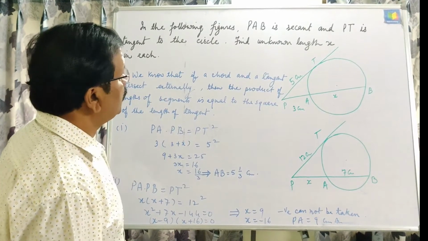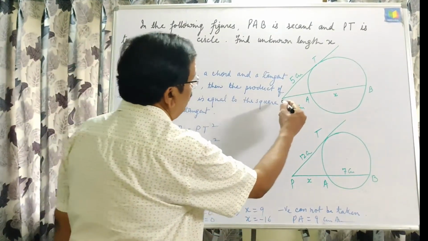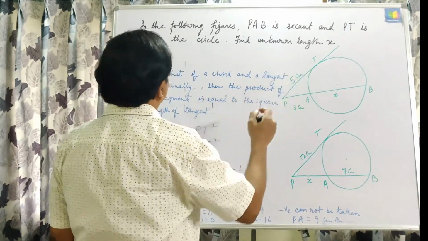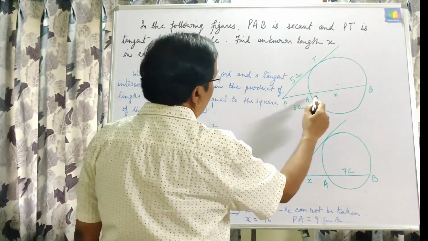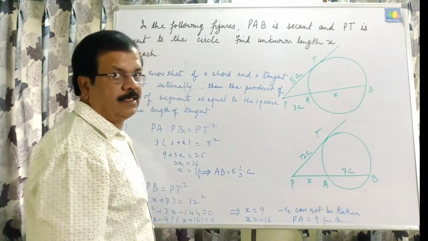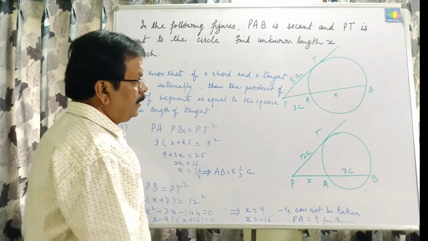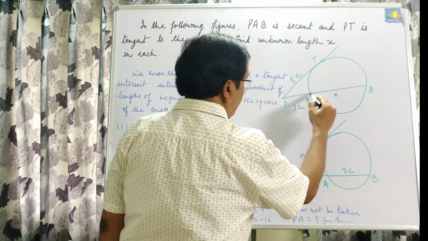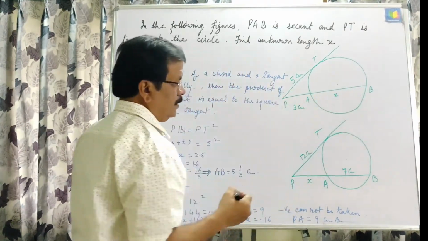In the following figures, PAB is a secant and PT a tangent to the circle. Find the unknown length x. Again, we just studied that AB is a chord and P divides AB externally.